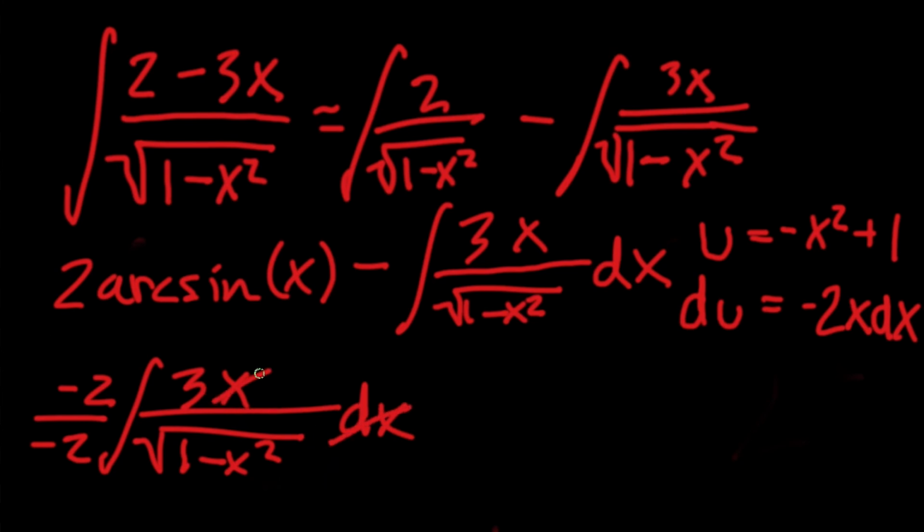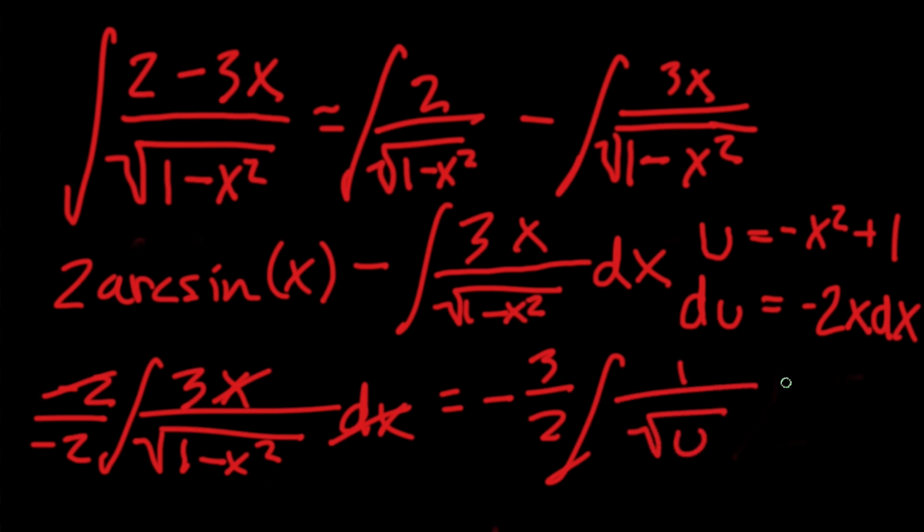That x is going to cancel, and that negative 2 is going to cancel and give us a du. And so we're going to be left with negative 3/2 the integral of 1 over the square root of u du, right? We get that 3 from that one right there. We just pulled it out with the constant multiplier rule. Dividing by negative half gives us negative 3/2, and we multiply it by 1 over the square root of u.